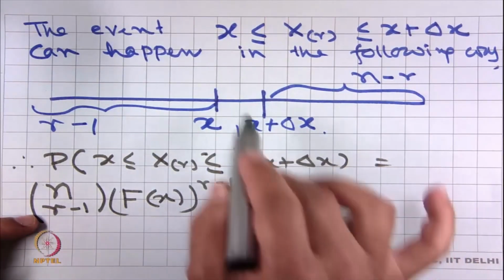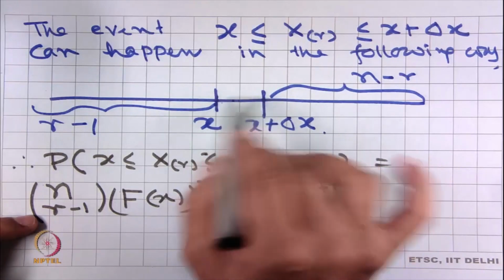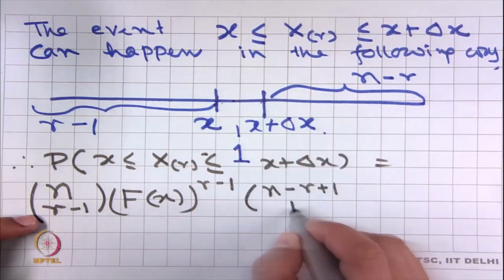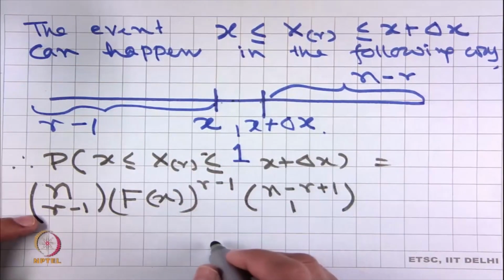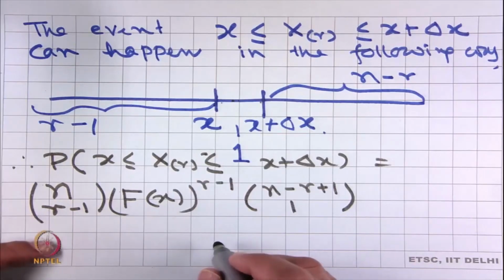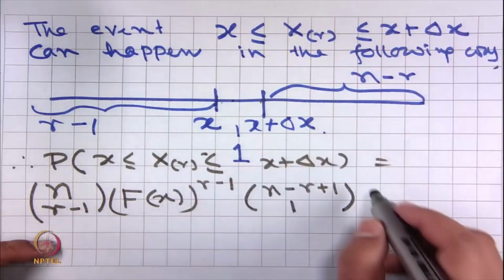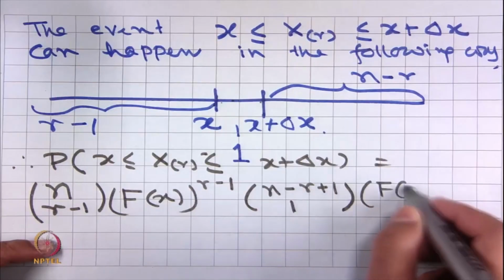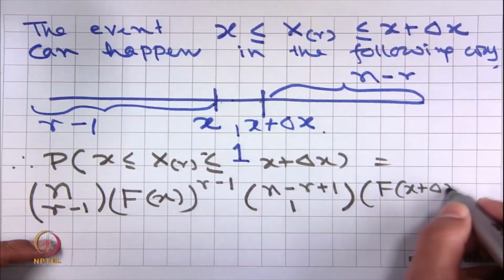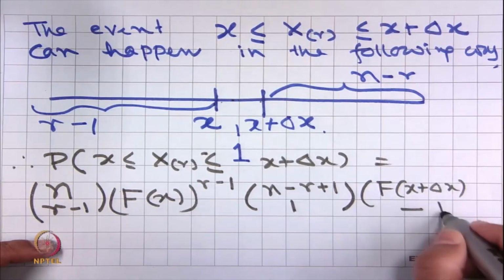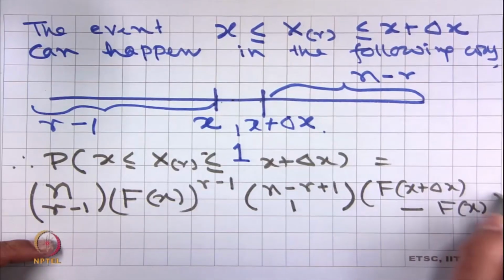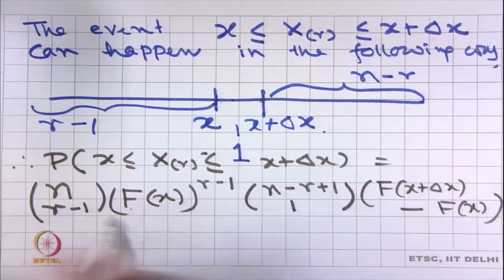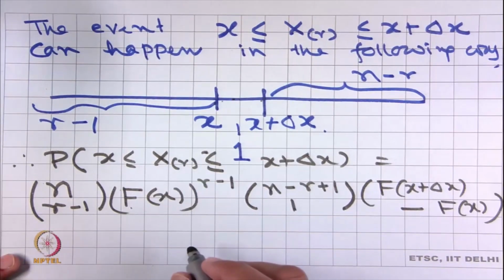Out of that, one has been chosen to put it between x and x plus delta x, and that probability will be F(x plus delta x) minus F(x). Here F(x) is the CDF of the parent population.